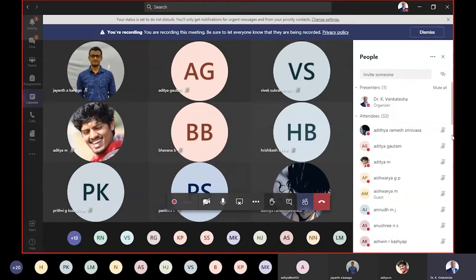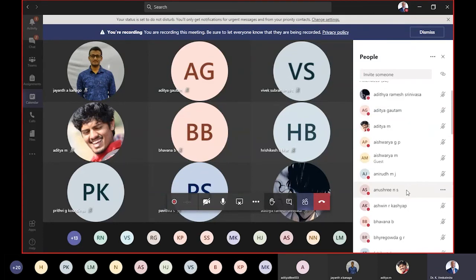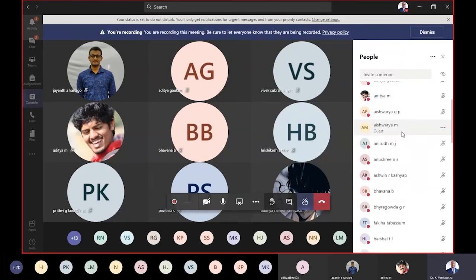Yes, who is there in the list? Yes, Aishwarya GP. Do you have any doubts? No, sir. Okay, Aishwarya M. I think she's entered as a guest, so she's unable to speak maybe. Anirudh, you can speak, I think. Do you have any doubt, Anirudh? Anushri? No doubt, sir.